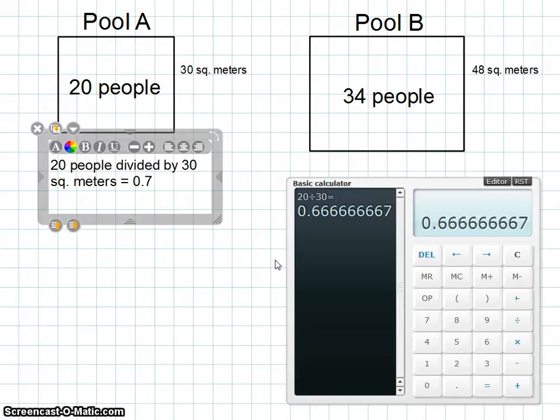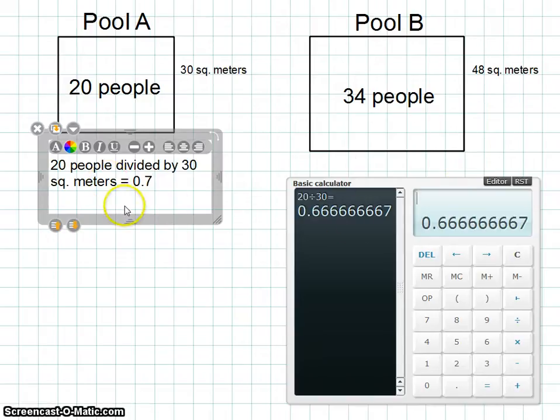0.7. Now 0.7 what? Last time, I guess the unit was square meters. But is that the unit we're going to be using again this time? And the answer is no, because the number sentence is slightly different.